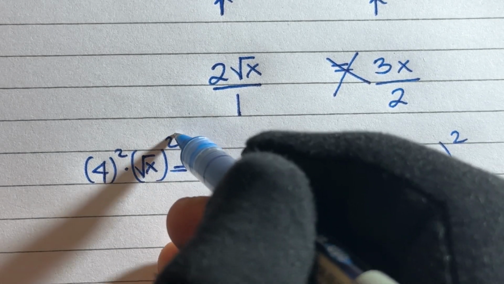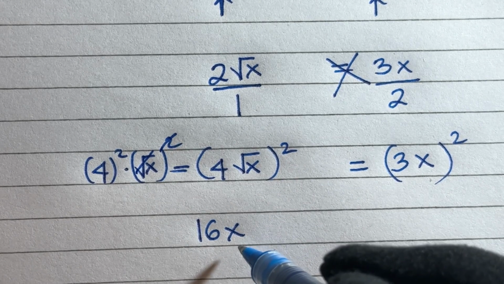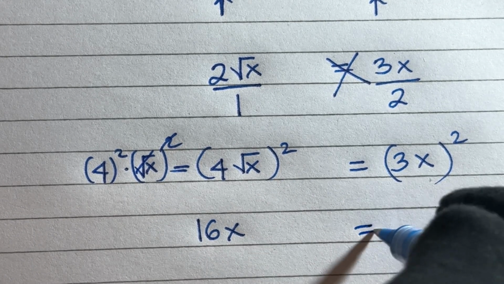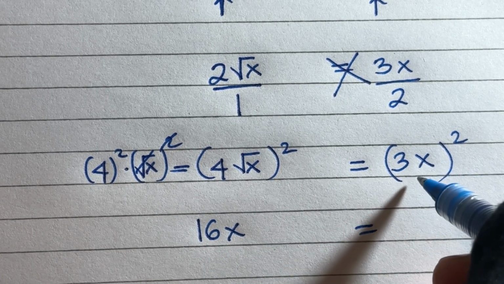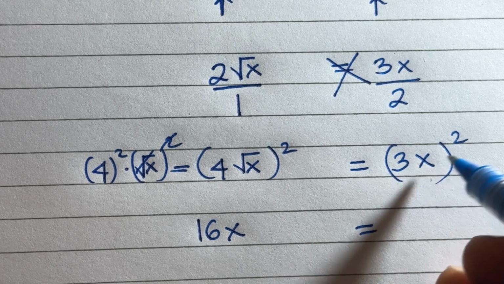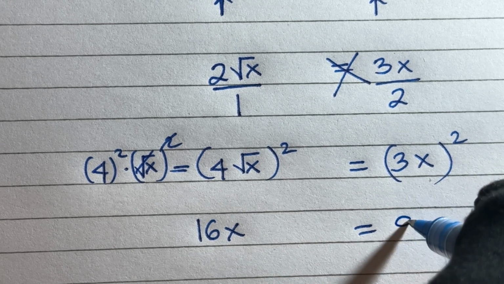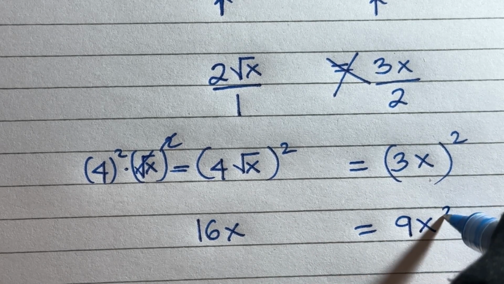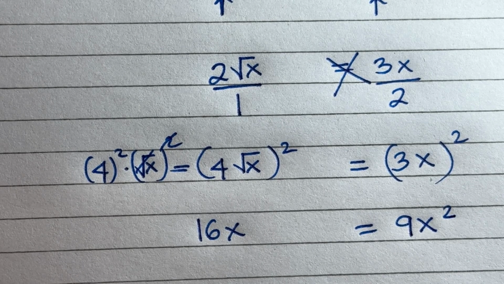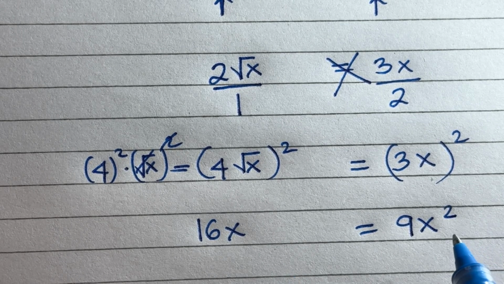Root x raised to power 2 is simply x. And that is equal to, doing the same thing for the right hand side, 9x squared. So we have 16x is equal to 9x squared.